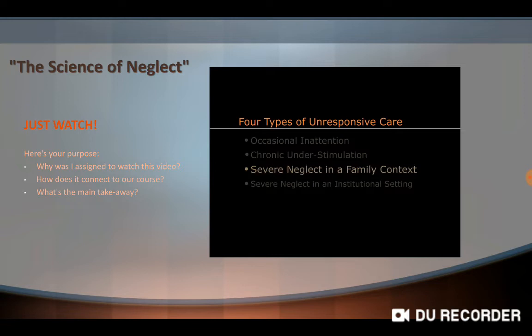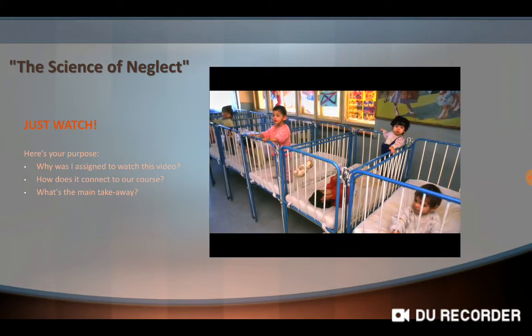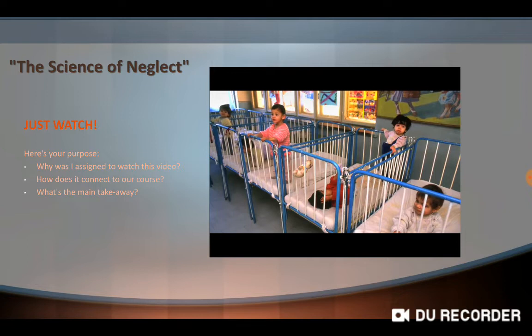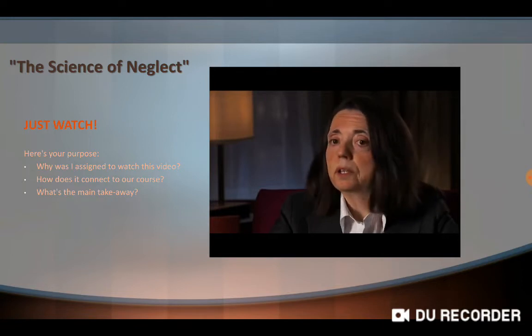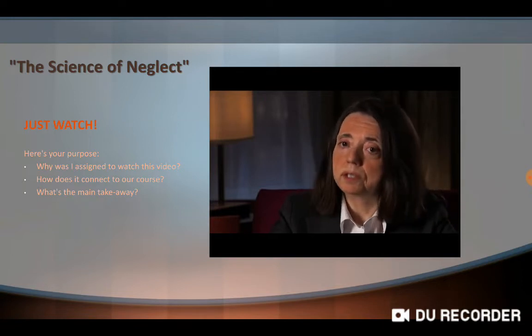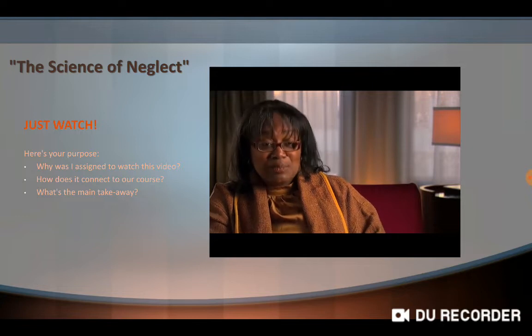The fourth category, called severe neglect, generally found in institutional settings, is a result of children living in kind of a warehouse type situation in orphanages. And it doesn't have to even be as extreme as orphanages. It can be experiences that are regretfully occurring in many, many parts of our country. Often institutional care in this country is under the euphemistic name of transitional care or temporary care or assessment facilities.